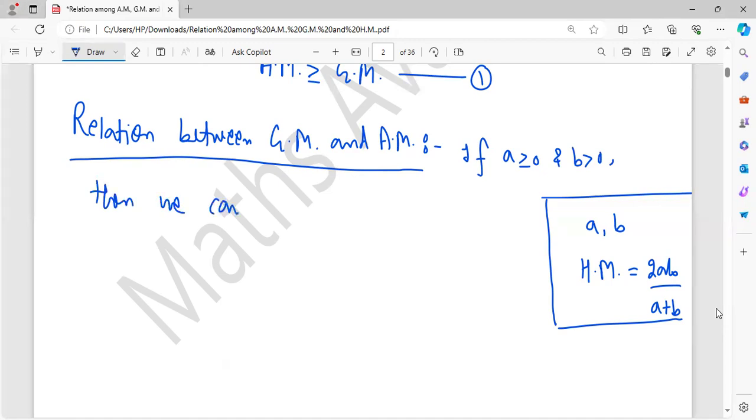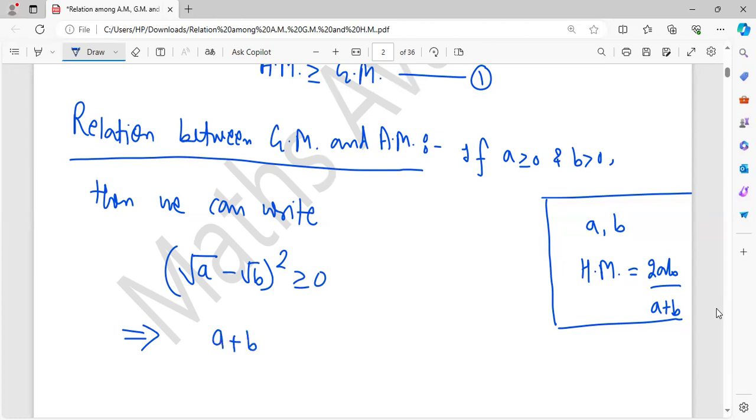Then we can write (under root A minus under root B) square. After this, we got A plus B minus 2 under root AB.